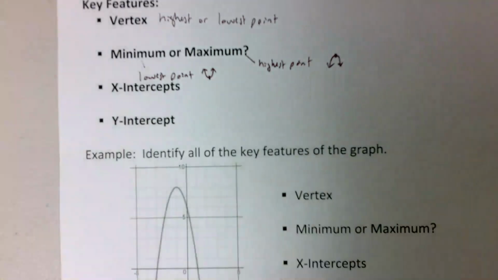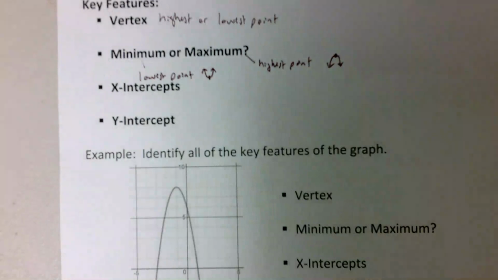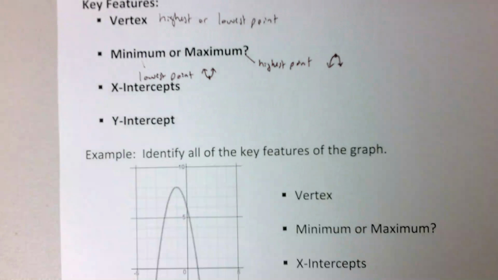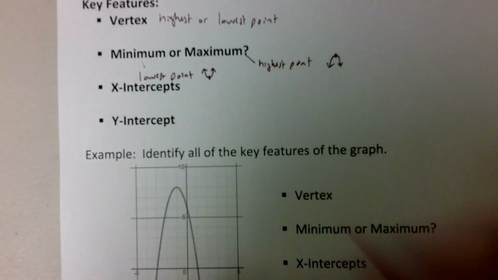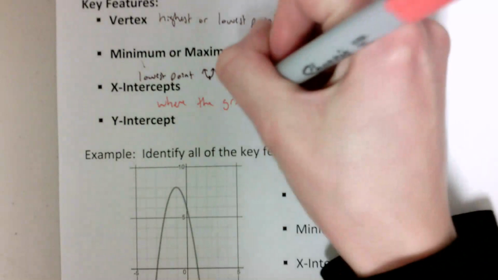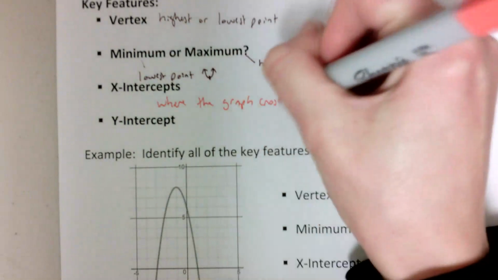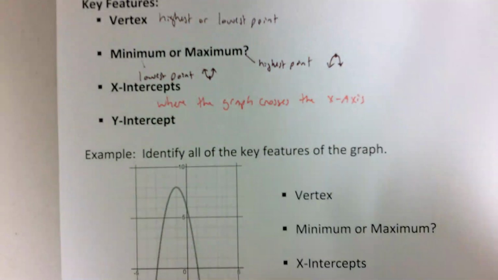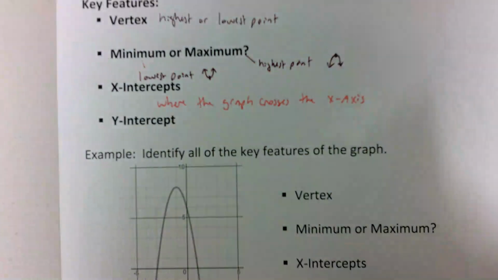Then our next two things are x-intercepts and y-intercepts. Now, we've talked about these before with previous units, so this shouldn't be brand new. Okay, so x-intercepts are where the graph crosses the x-axis. Okay, and that can happen a few different ways.